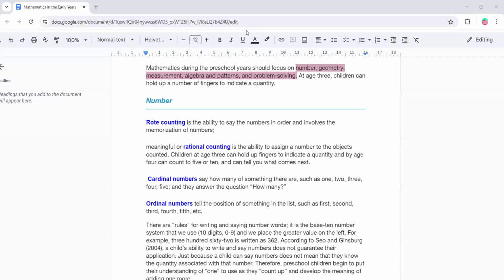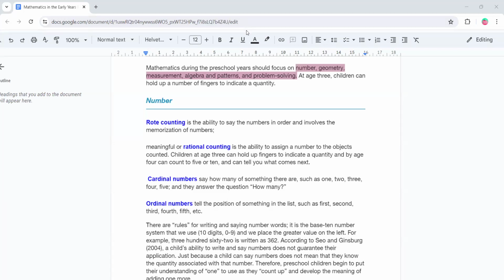Today I'm going to be discussing some areas that we focus on in preschool years in this subject of mathematics. The first topics I'm going to talk about are numbers, geometry, measurements, algebra, and patterns and problem solving.